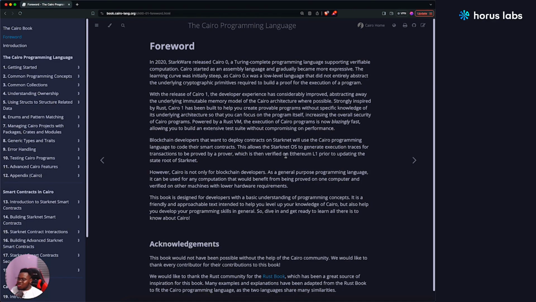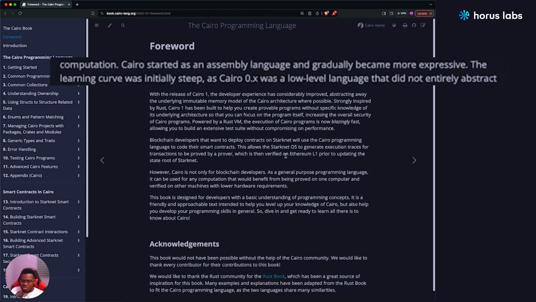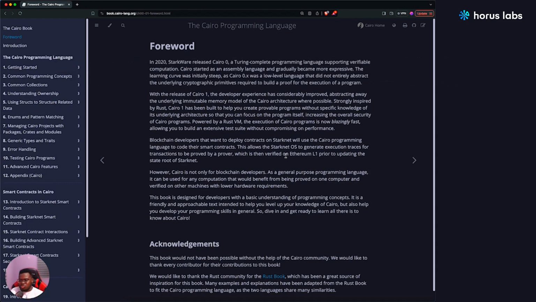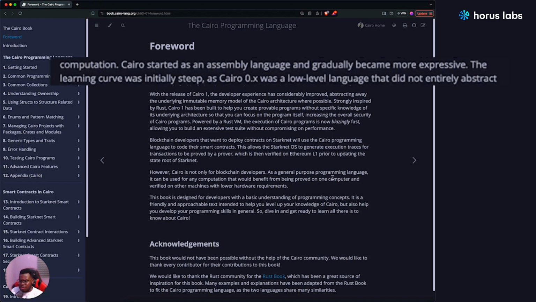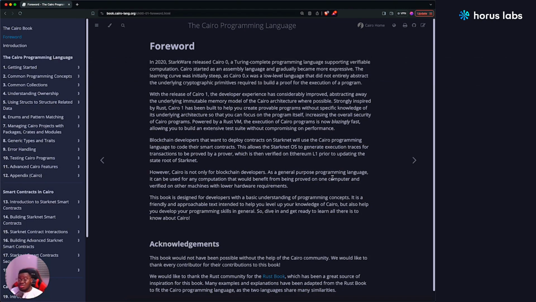So when Cairo was introduced in 2020, it was more like a full-blown assembly language, but with time it began to become way more expressive. Cairo 0.x, for people who were in the ecosystem in 2021, 2022, was quite a pain.